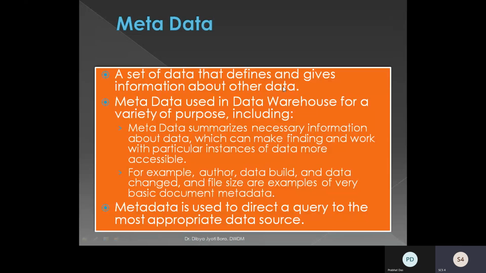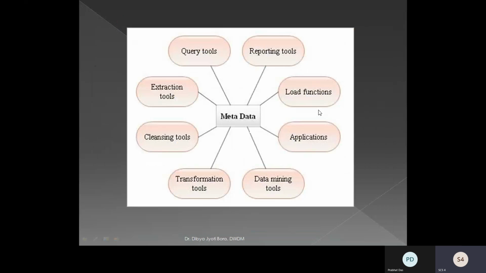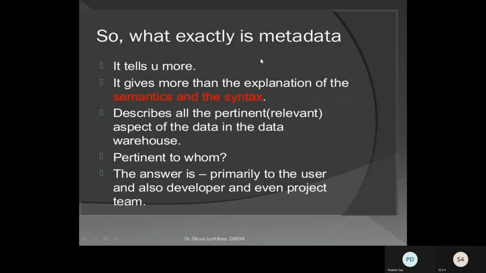Now metadata, as you have already given a very good example regarding that, I don't think that I need to explain it again. So just have a brief look at the definition part. Metadata is data about data. It tells you more, it gives more than the explanation of the semantics and the syntax. It describes all the pertinent aspects of the data in the data warehouse, and pertinent to whom?